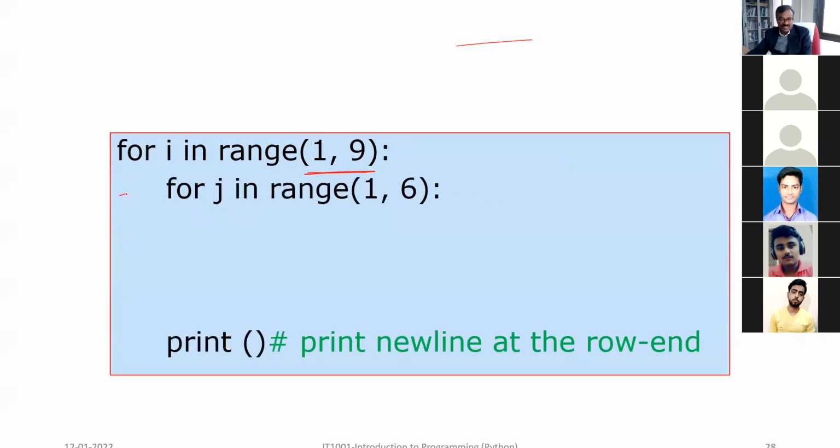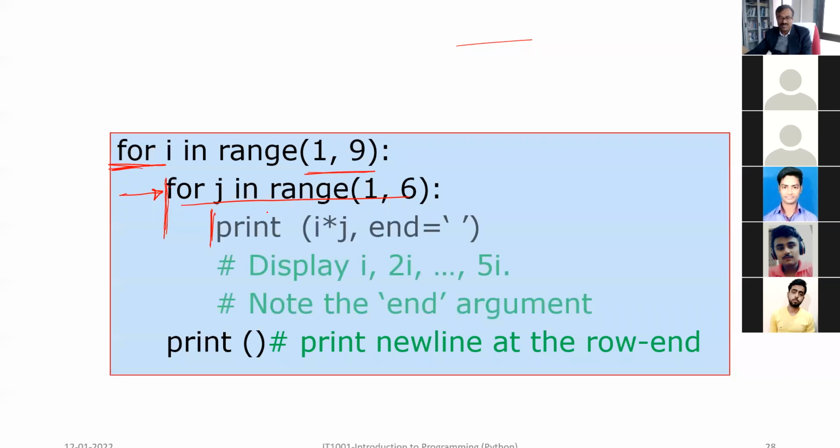You can see this indentation. This is the body of this for loop, and within that body, I'm writing another for loop, which may have its own body. So, a loop within a loop: a nested loop.